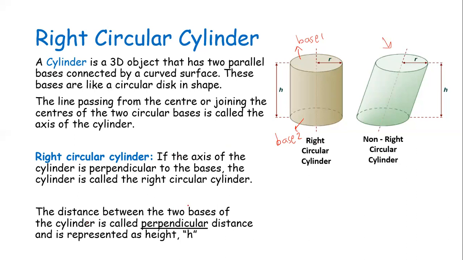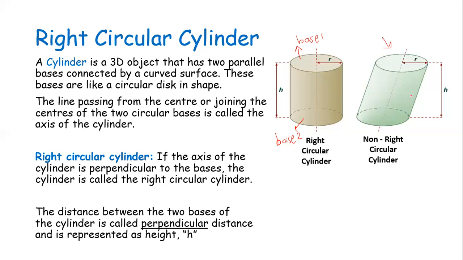The distance between the 2 bases of the cylinder is called the perpendicular distance and is represented as height h. So we can see here this perpendicular distance, which we call the height h, is equal in length to the piece of line that falls on the axis of the cylinder that connects the centers of the 2 bases.